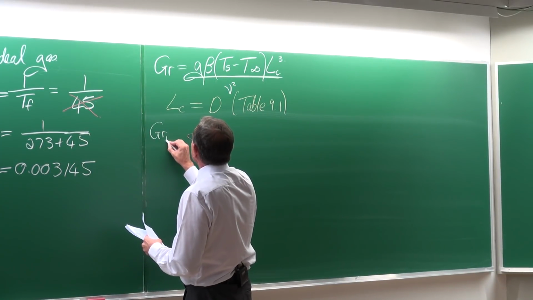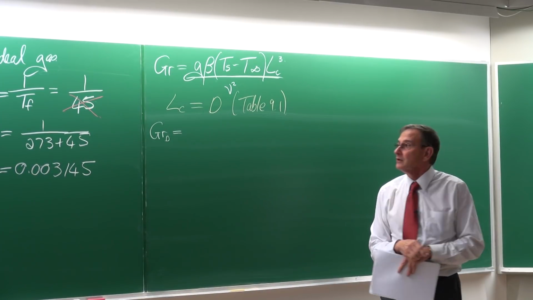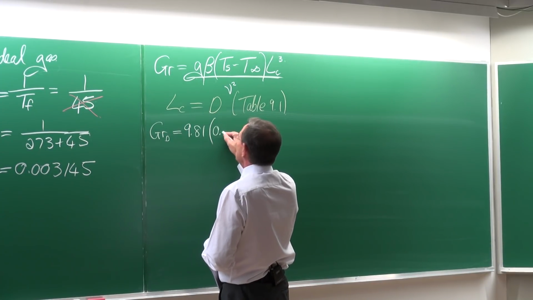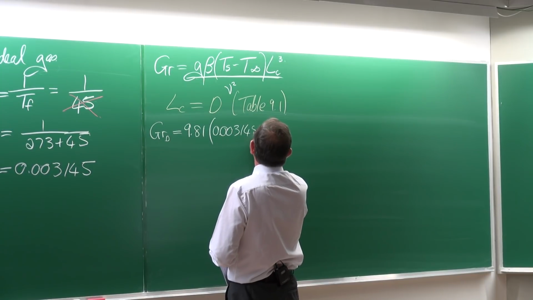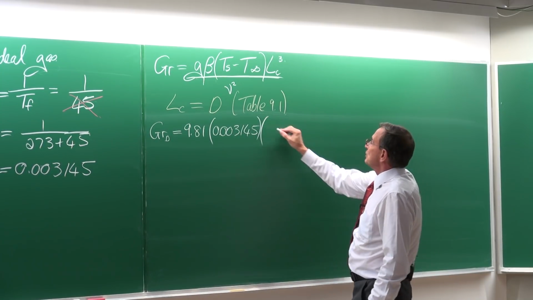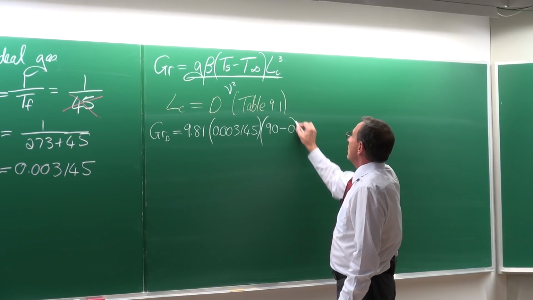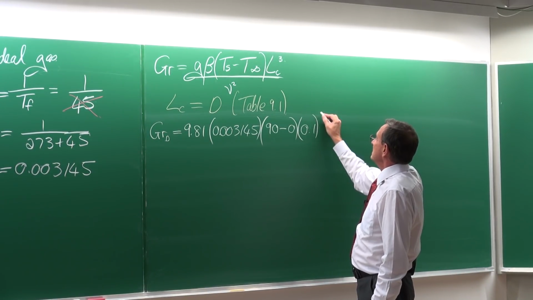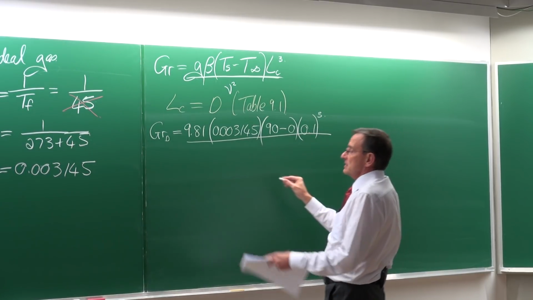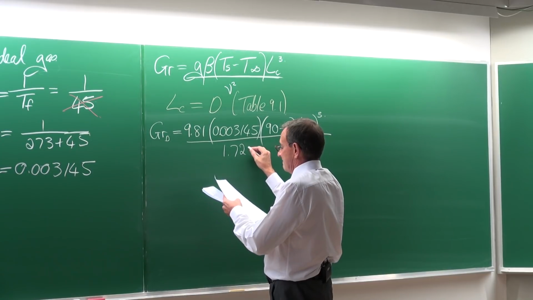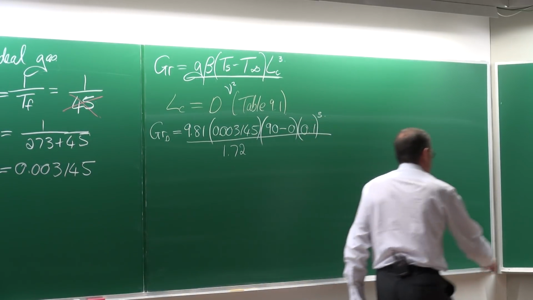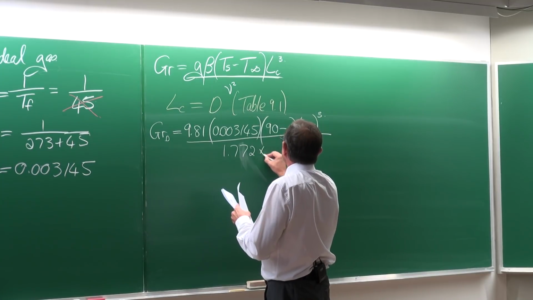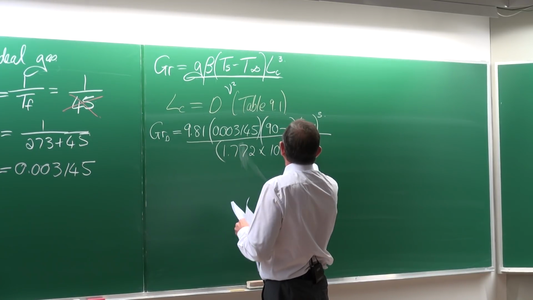Therefore, if we want to, we can say the Grashof number based on the diameter is equal to g, which is 9.81, multiplied by beta, which is 0.003145, multiplied by the temperature of the surface, which is 90, minus that of the environment, which is 0, and the diameter is 0.1, it is 100 millimeters, divided by the kinematic viscosity, 1.772 multiplied by 10 to the minus 5, squared.